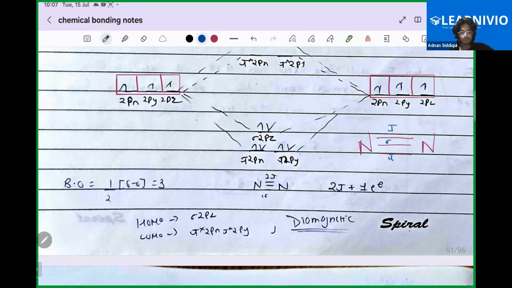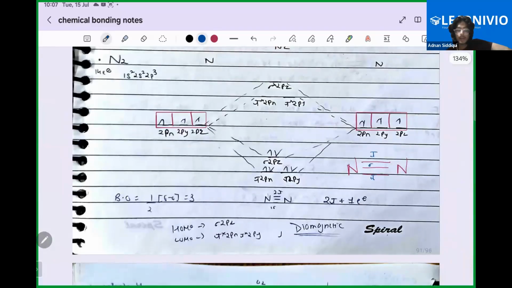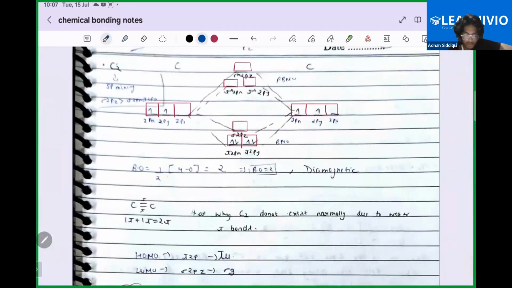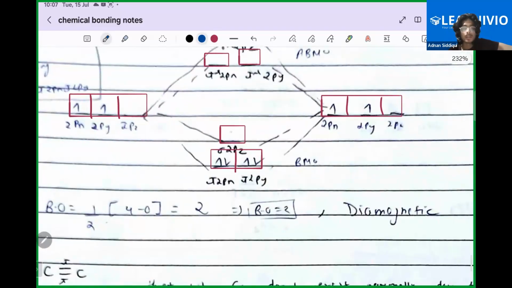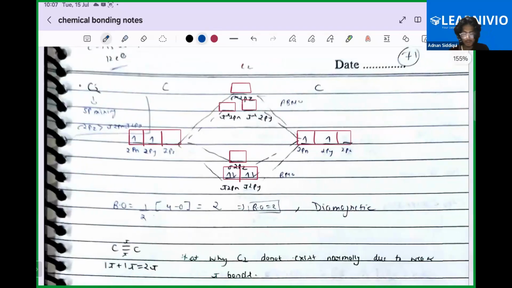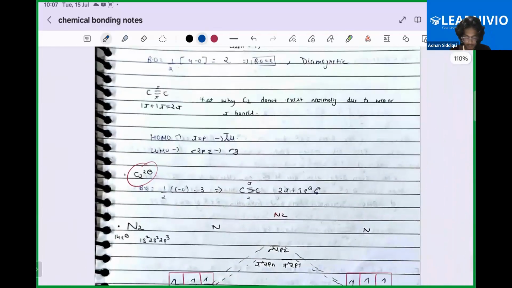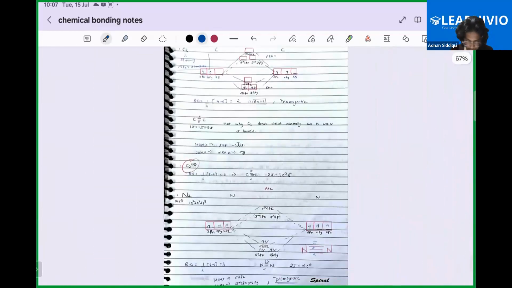what about C2? See, in C2, you did not have any electrons in your sigma 2pz orbital. To produce a sigma bond, you need electrons in your sigma molecular orbital. If you look carefully, if you compare these two, how are they different, tell me.